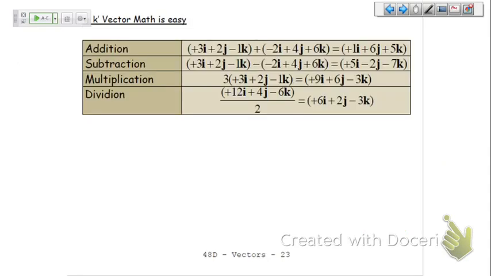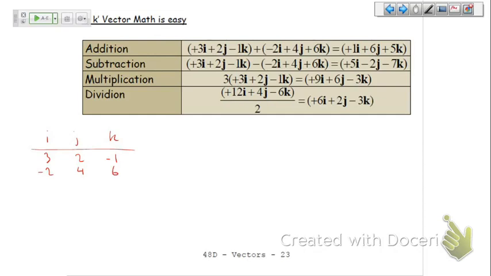We can do beautiful math with these things. You want to add up three vectors, you just set up a little grid. I think layout is important. You make fewer mistakes if you do the right layout. That's a 3, that's a 2, that's a minus 1. We want to add on to that a minus 2, a plus 4, and a 6.